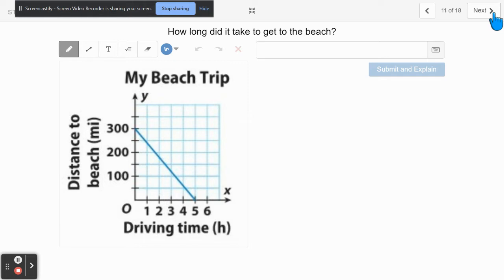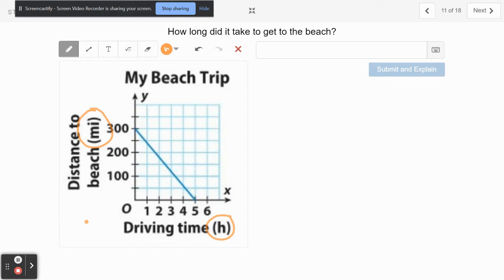Okay. Now, how long did it take to get to the beach? It's not asking about anything else. We've seen this graph before. We've done a lot over this graph. But how long did it take to get to the beach? Well, first of all, let's talk about how long something happened. Are we talking about miles? Are we talking about hours? Hopefully you realize we're talking about hours.